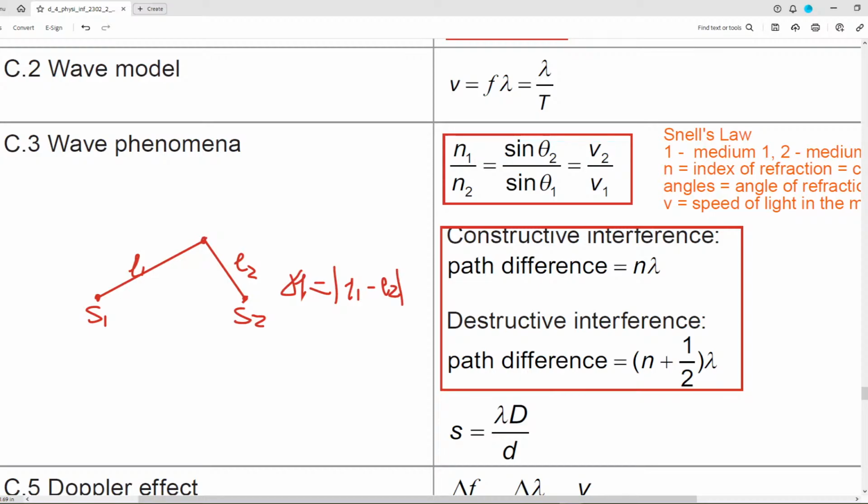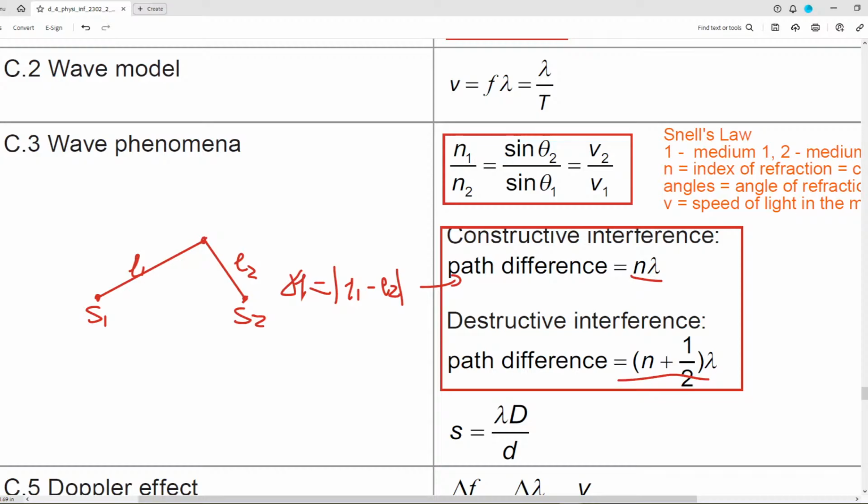Without going through details, that's what the path difference is. If the path difference is exactly an integer multiple of the wavelength, which means the wave arrived just exactly 1 or 2 or 3 wavelengths later, then you'll constructively interfere. If they are 1.5 or 2.5 or 3.5, which means they're about half off, then you'll destructively interfere. It's actually quite intuitive, right?